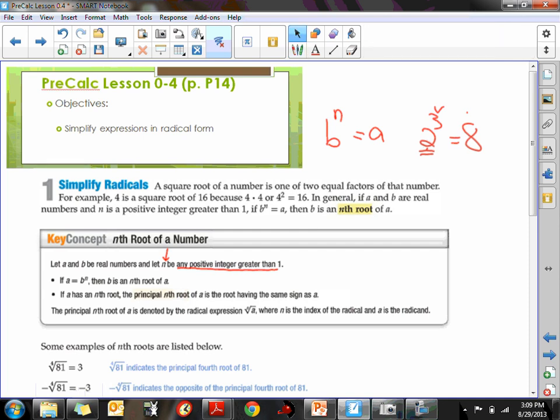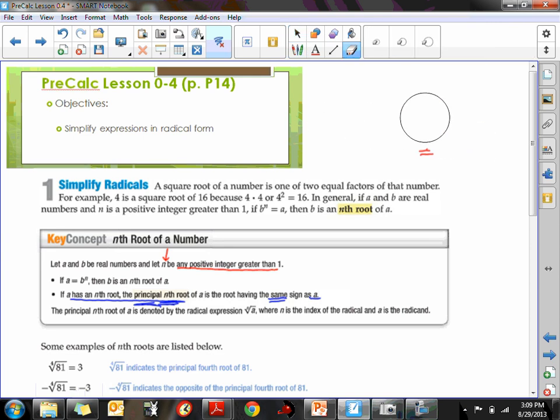This next part says if a has an nth root, the principal nth root, that's an important concept, the principal nth root of a is the root having the same sign as a. So I went through an example earlier, so let's come back here and do the square root of 16. An implied index of 2 means it's a square root.